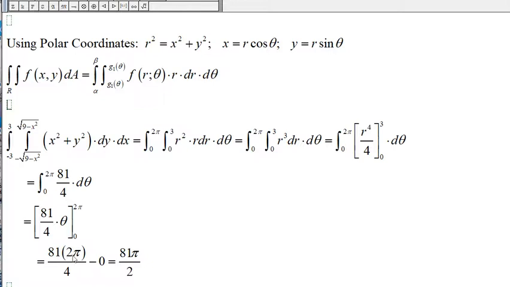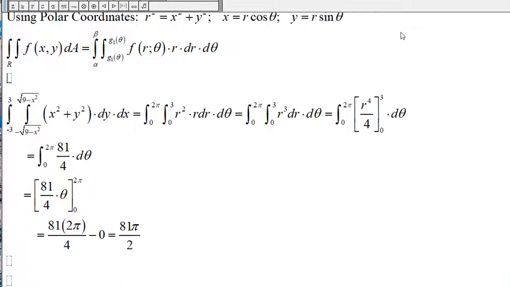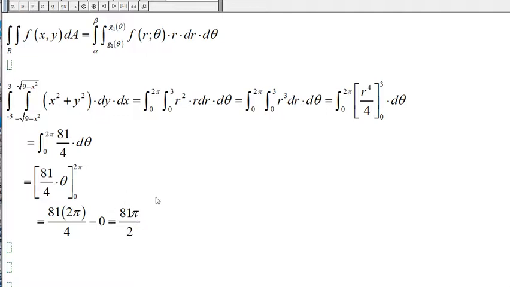And so we get 81 times 2 pi divided by 4, and then minus 0. We get 81 pi over 4, which is about 127.23. So this is the exact answer.